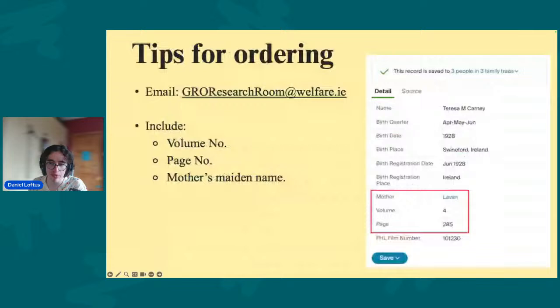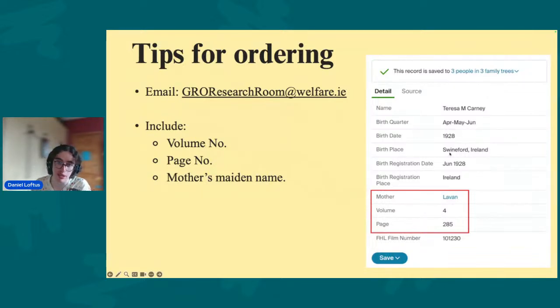I added in the tips for ordering. So I have the email that you will need. That is also in your handout, and I implore you, if you do email off to the GRO for a birth, marriage, or death certificate, do include the volume number, the page number, and the mother's maiden name, if applicable.